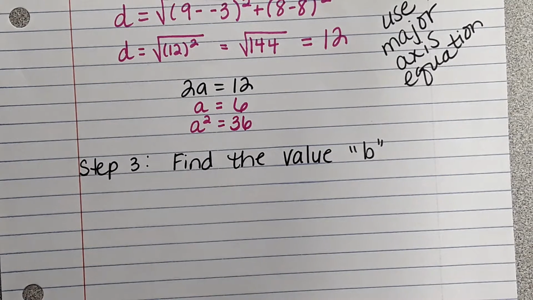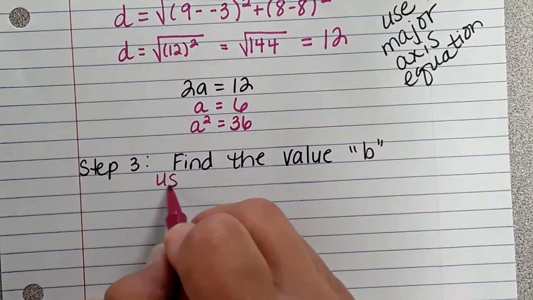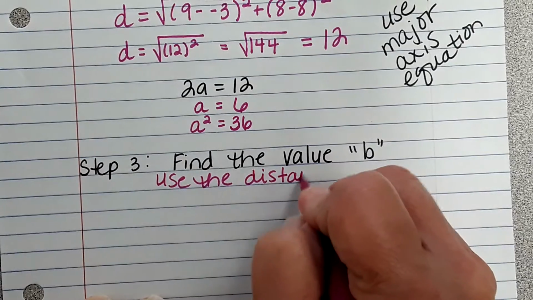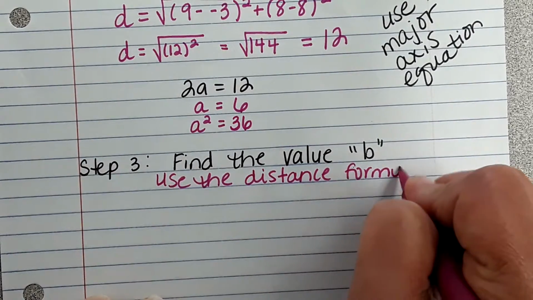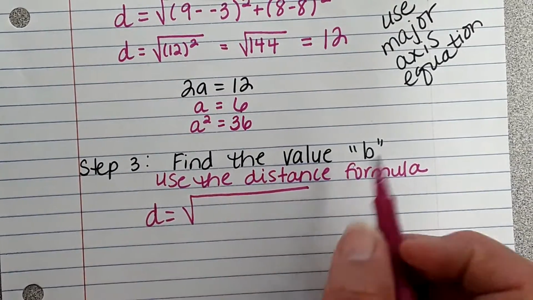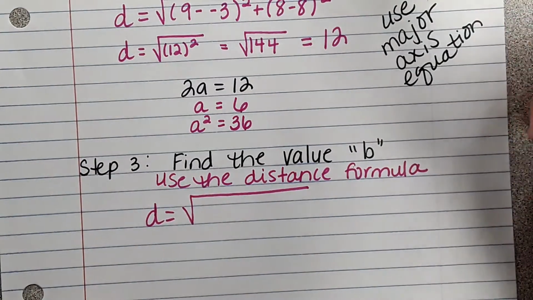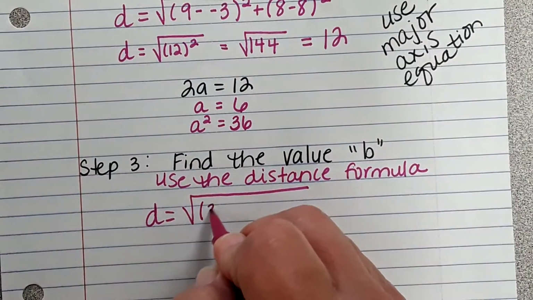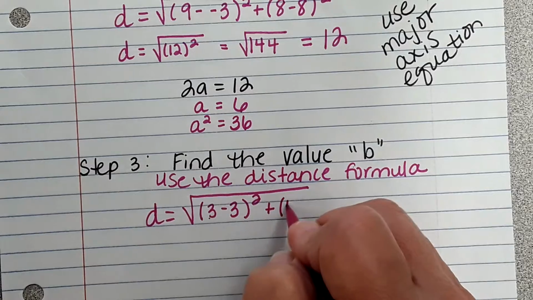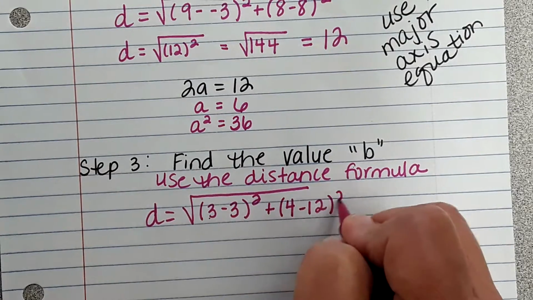So the vertices make up the major, and the co-vertices make up the minor. So we're going to use the distance formula again, but this time, instead of using the vertices, we are going to use the co-vertices. So here we go. D equals the square root of, well, our co-vertices are (3, 12) and (3, 4). So it's going to be 3 minus 3 squared, x2 minus x1 squared, plus y2 minus y1 squared.